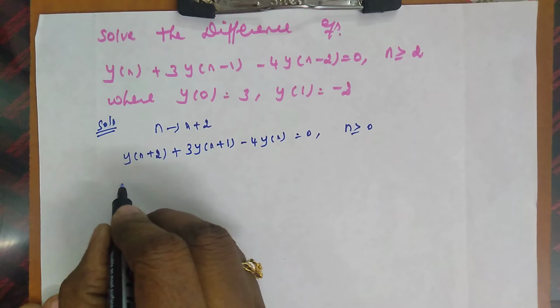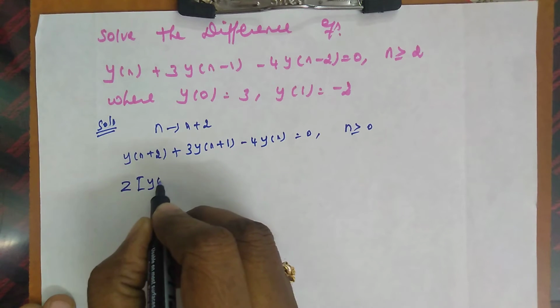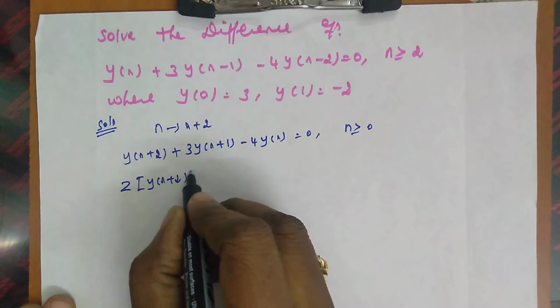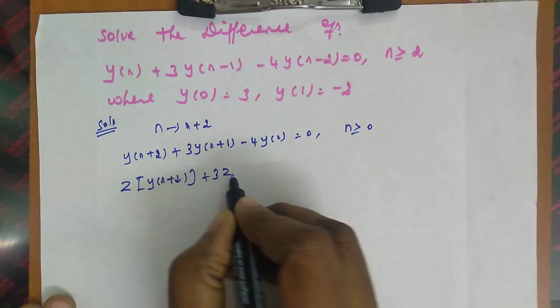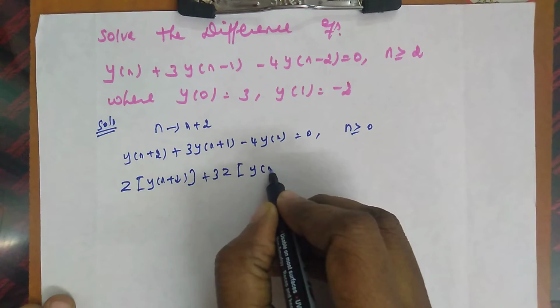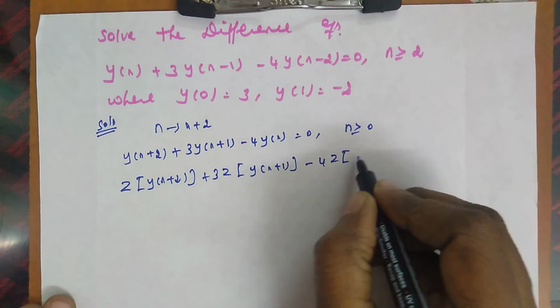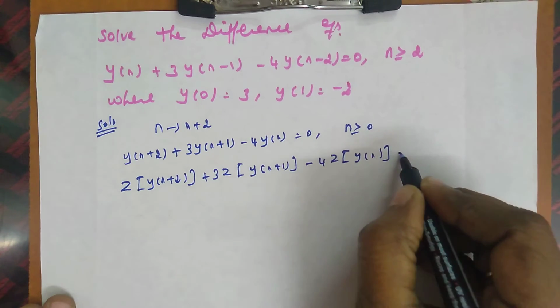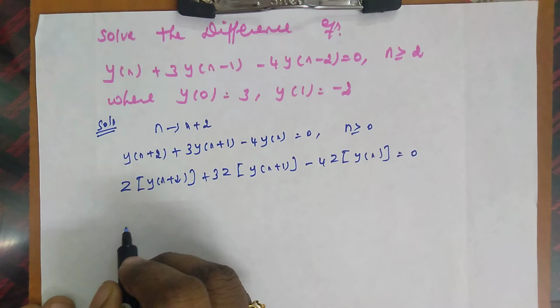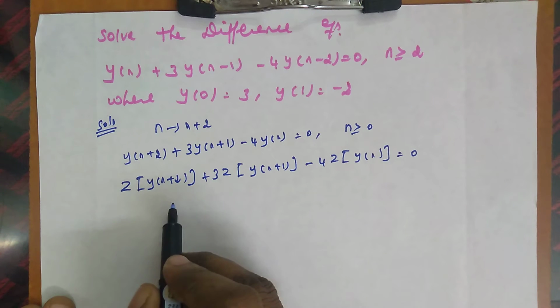Now take Z transform on this equation. Z of y of n plus 2 plus 3 into z of y of n plus 1 minus 4 z of y of n equals 0. Now we can apply the result of z of y of n plus 2.